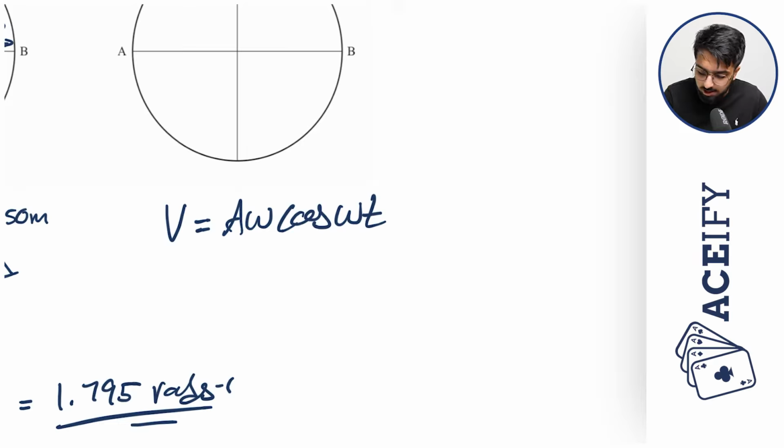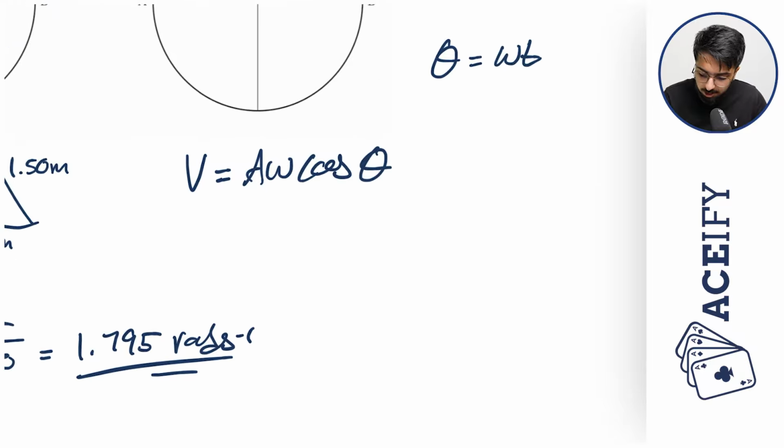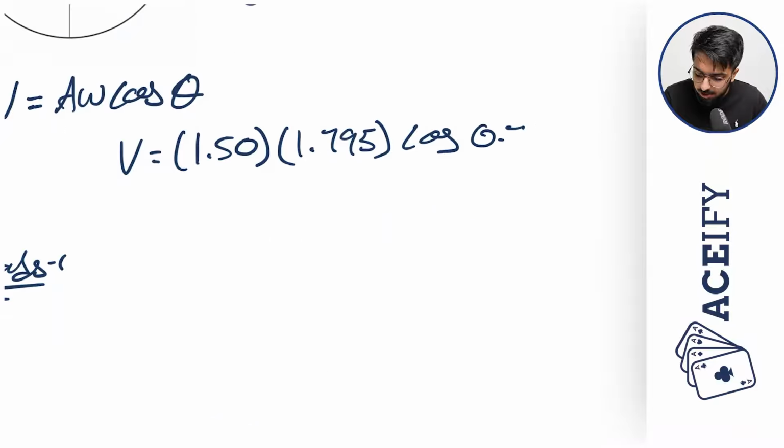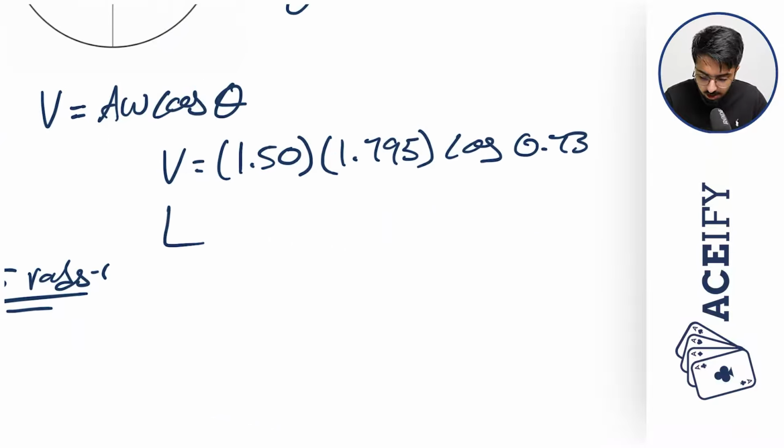And remember, as theta is equal to ωt, we can simply replace ωt with our theta, okay? And we have our velocity is equal to our amplitude, which was 1.5, times our ω, which was 1.795, times cos 0.73, and this gives a velocity of 2.007 meters per second. There we go.